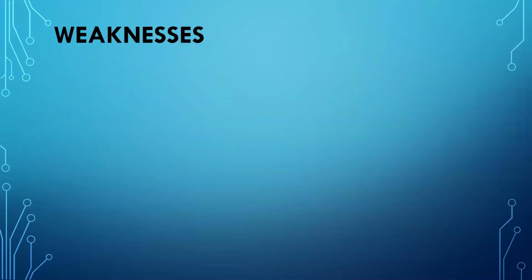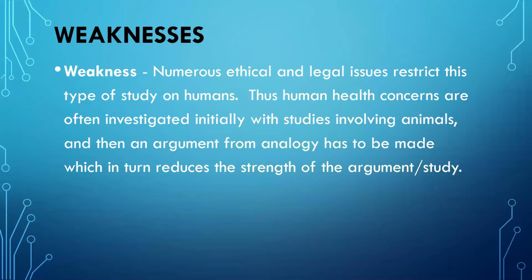Now, there are some weaknesses of randomized experimental studies, and the main weakness that we'll be concerned about are the numerous ethical and legal issues that restrict the type of study on humans.